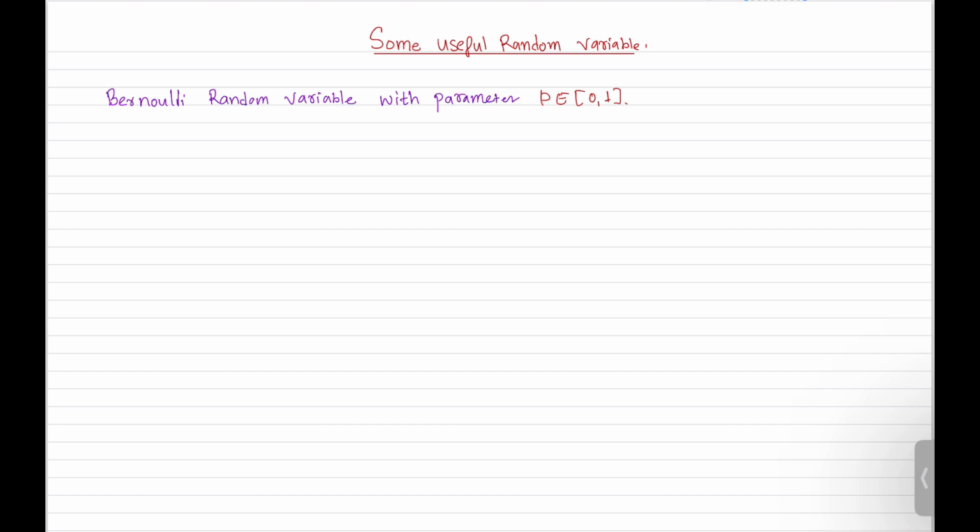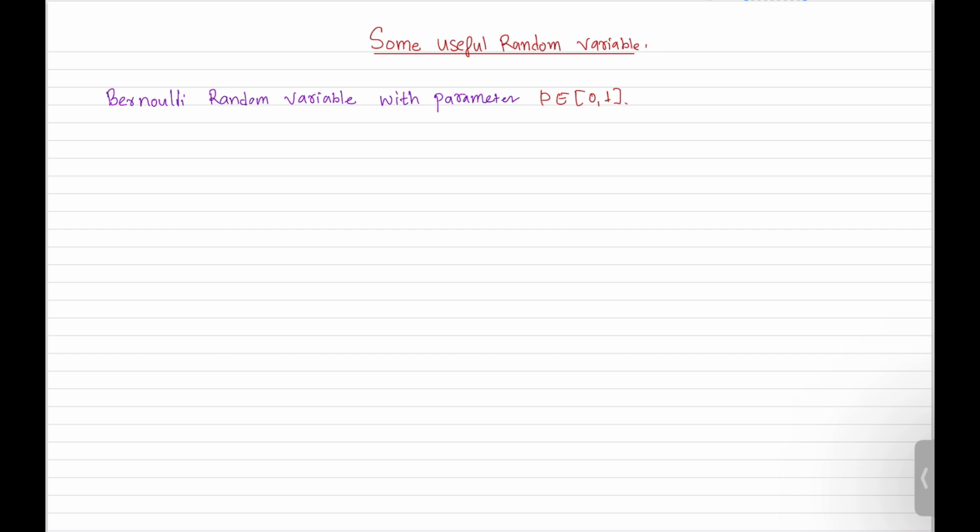Now, just to have clarity in your mind, I want to raise a question: why do we specifically go through some of these random variables, or why do we discuss the details of these few distributions, like Bernoulli, binomial, Gaussian, Poisson, and geometric?